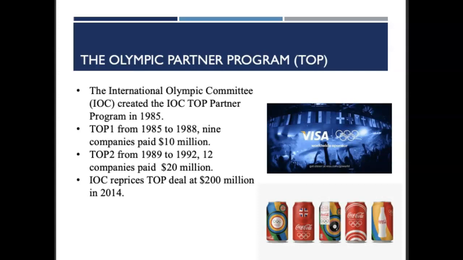which has also increased the price of the Olympic sponsorships. The IOC repriced the TOP sponsor deal at $200 million in 2014, right? A lot of really well-known companies are Olympic top sponsors. Currently, there are 13 or 14 sponsors.